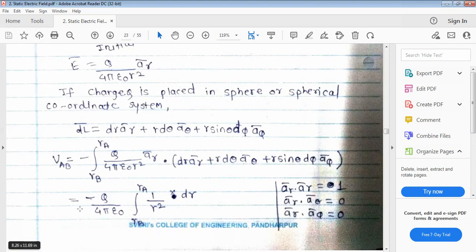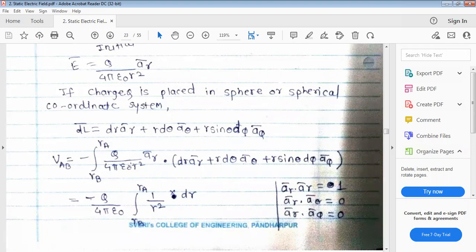Here it is equal to minus Q upon 4 pi epsilon 0, that constant is taken outside, integration from RB to RA of. Now here a bar R dot a bar R is equal to 1, and your dr will be present here.